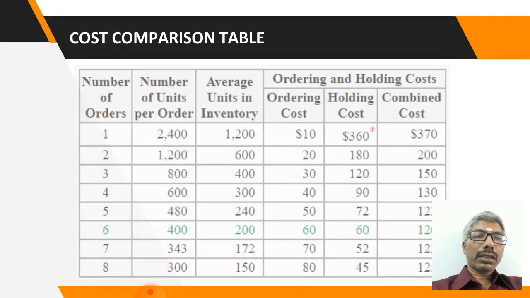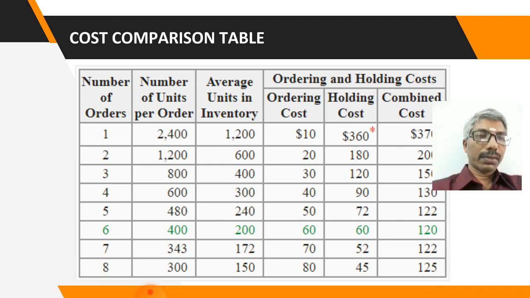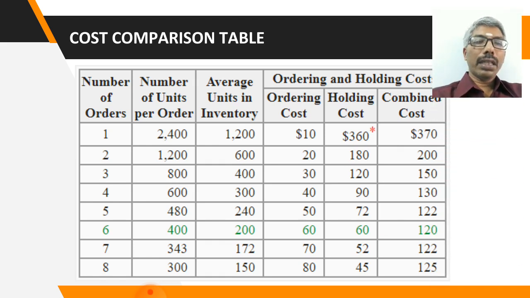Now we are going to check whether the economic ordering quantity produces the least cost. For that purpose, we are preparing a comparison table for the illustration. If you order the entire requirement of the company in a single order, that is 2400 units per order, we should keep on average 1200 units in the godown.